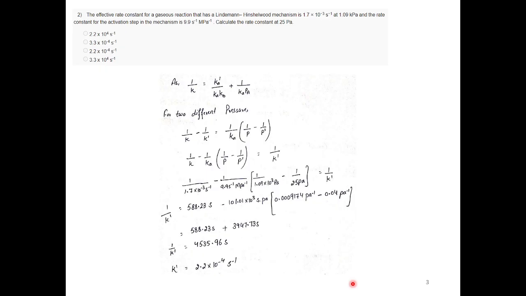So basically, as you can see, this rate constant is inversely proportional to the pressure. If pressure is more, the rate constant is less. If pressure is less, the rate constant is more, right?